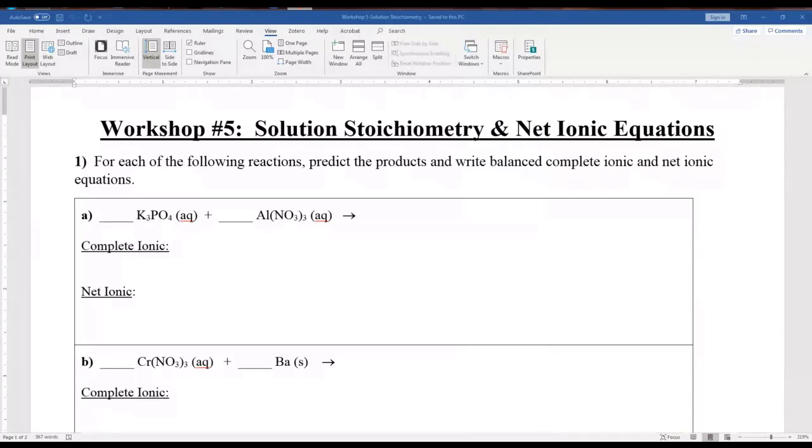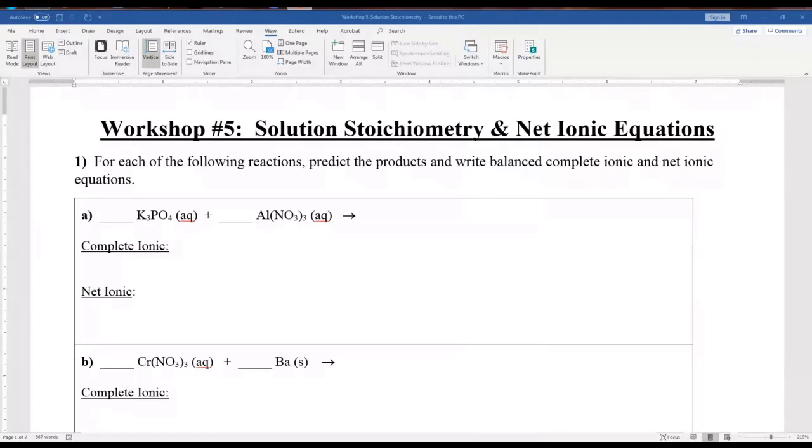If you would please first write the products, and then let's go on to balance. Well, first of all, what would you do to come up with the products here?